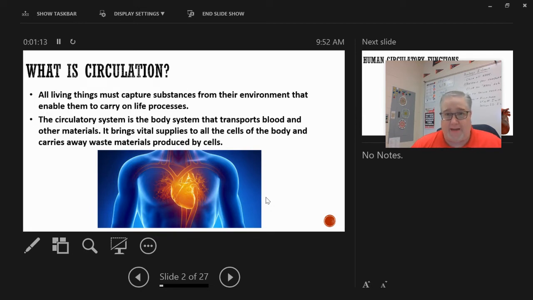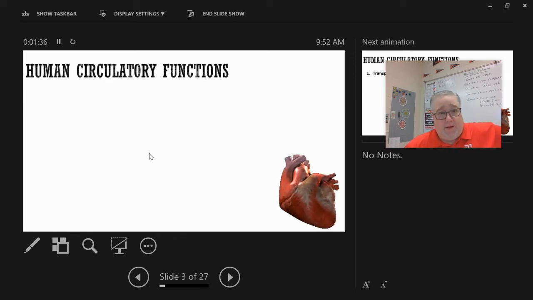Another thing we have to capture from our environment is food, right? We have to get food, water, vitamins. All of those things have to get transferred to all the different parts of our body, and that's what our digestive, or I should say, our circulatory system does. It transports all of those things to every single one of your body cells. So that's just one of the functions.